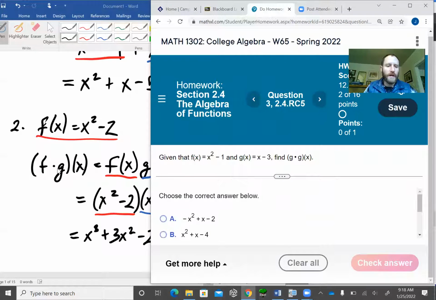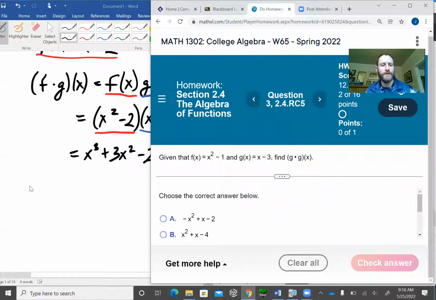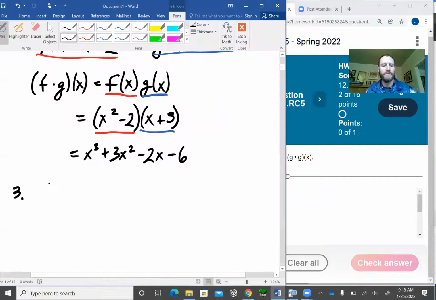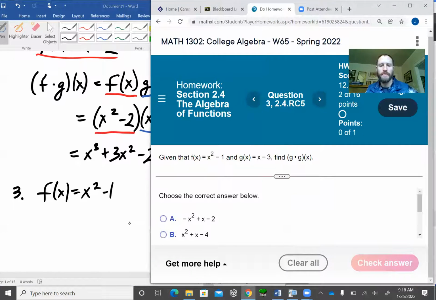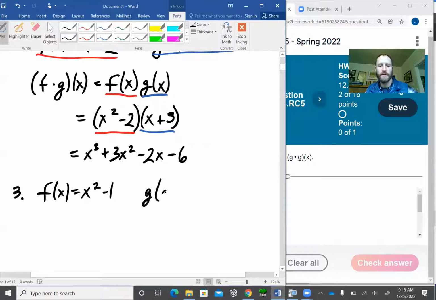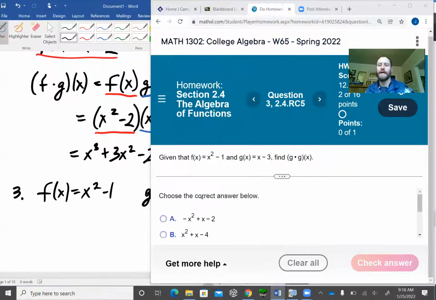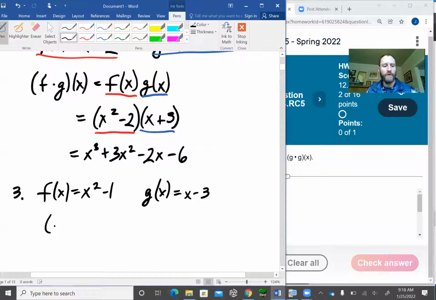Okay, so now this is kind of weird. They're trying to trick us here. So notice they're giving us f of x and g of x again. G of x is x minus 3. But then what they ask us to find is g times g of x. Looks kind of weird.